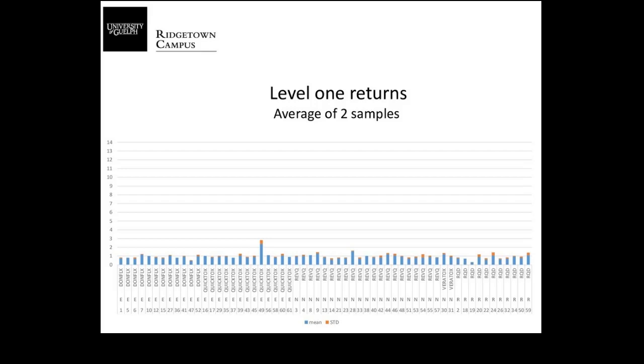This is a histogram showing the results of the 2 samples that were sent to each of the elevators with the low concentration of DON. And what we learned, and what I show here, the blue bar is the average between the 2 samples, and the orange bar is the standard deviation on top of the mean.